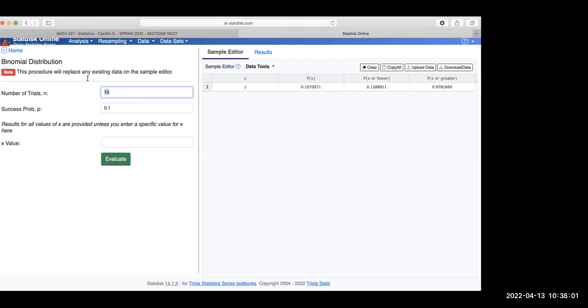I have here that n is equal to 12. The probability of success, p, is 0.42. And I want x equal 4.